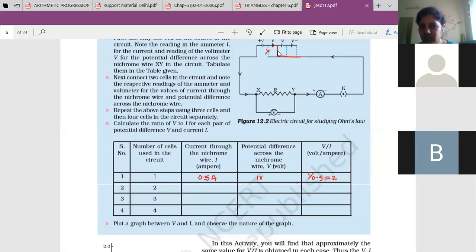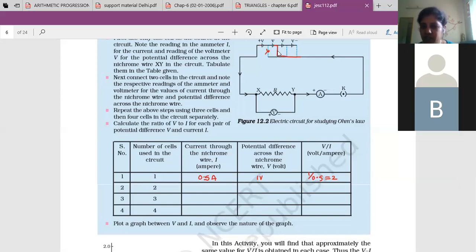So according to this value, the voltmeter reading will be there. Whatever potential difference you have connected, the same reading is given by the voltmeter, because it is also measuring the difference. If both potential differences are the same, the voltmeter reading will also be doubled.